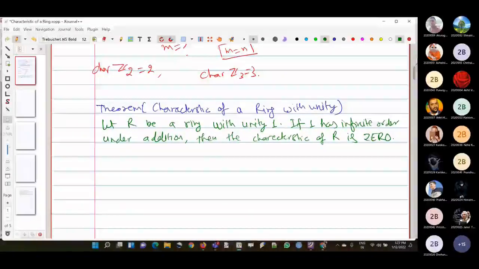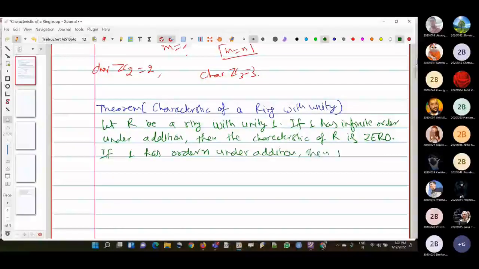And in the other case, if 1 has order n under addition, then the characteristic of R is n.